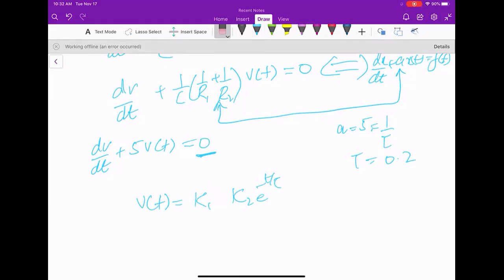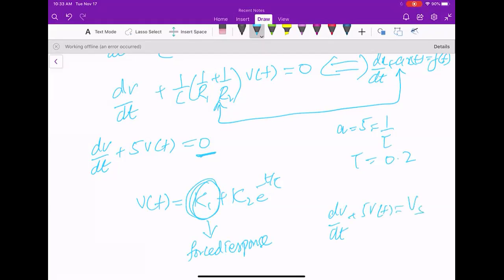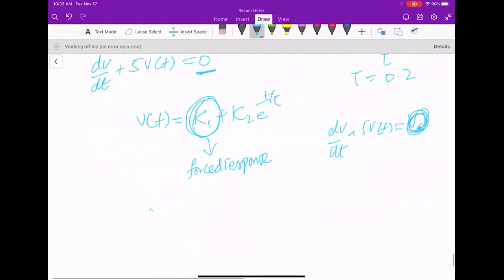But this solution comes from the forced response, from if I have something like this, or something forced response here, which I am not having here. So my solution should be only this, okay, for the homogeneous equation.